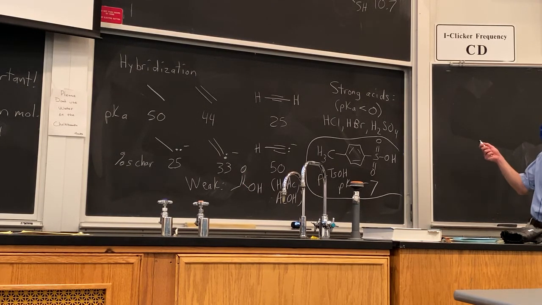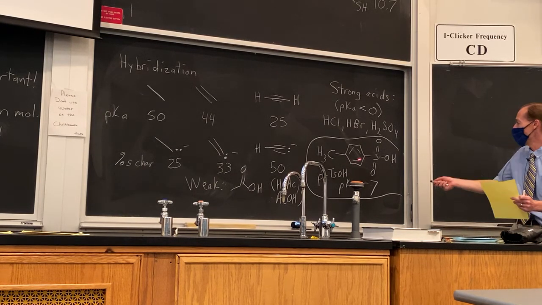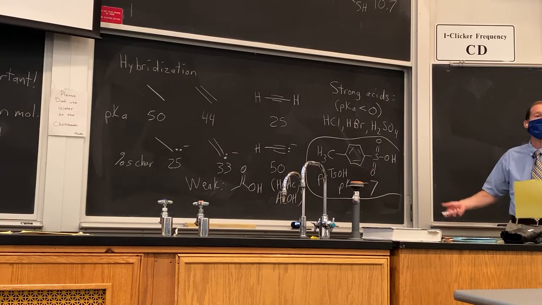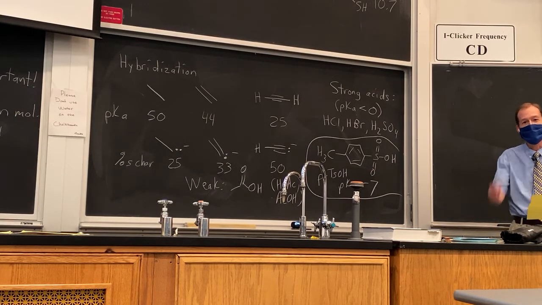We've got its pKa up here on the upper board, 4.8. So it is kind of an advanced problem, kind of on the border of our challenge type problems, but you should be able to look at the conjugate base of acetic acid compared to the conjugate base of para-toluene sulfonic acid and explain why this is a stronger acid than that. So that's a good exercise for you to do at home.